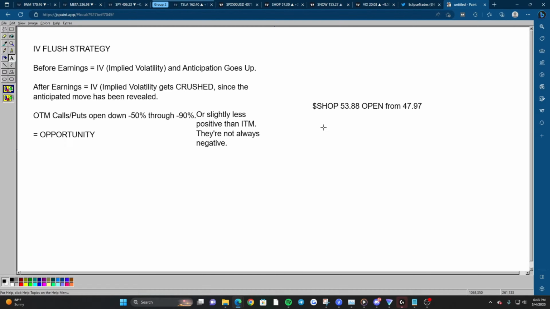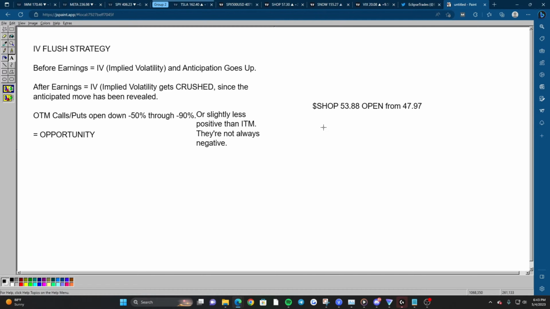After earnings, what happens? The anticipated move is revealed. So IV actually goes down, the percentage, which causes some contracts to lose value even though the stock went up. For example, Apple earnings tomorrow. As you guys know, we grabbed the 170 calls. If Apple opens at 168, those 170 calls are still going to be red.